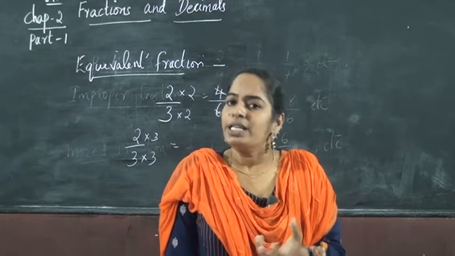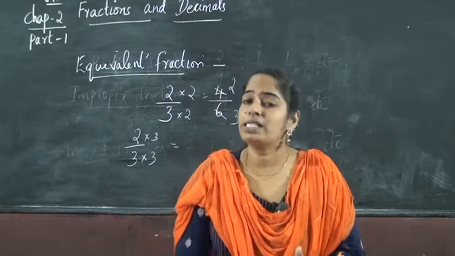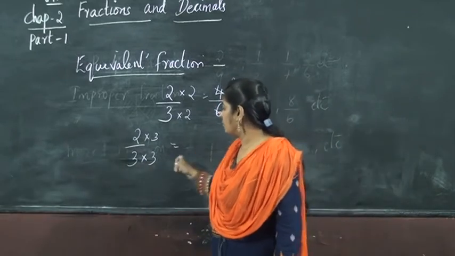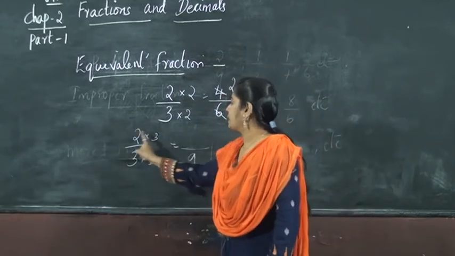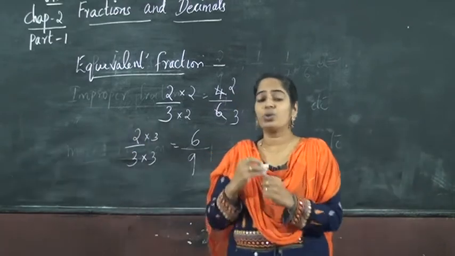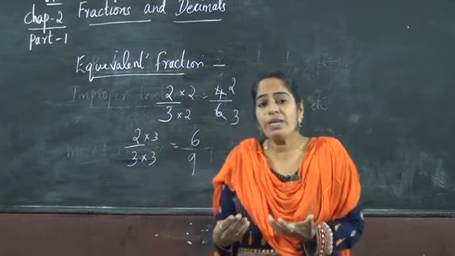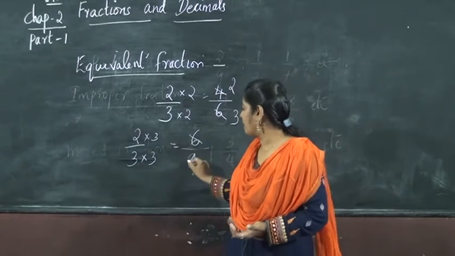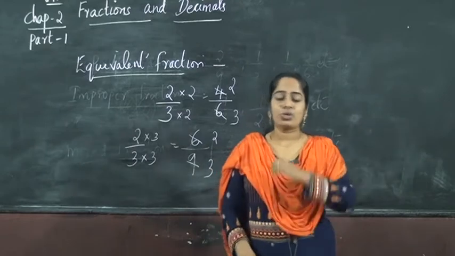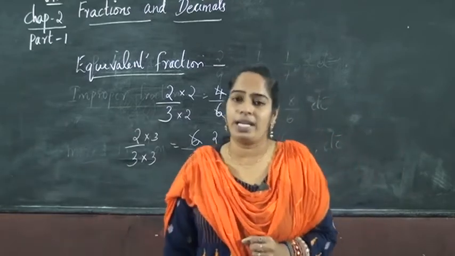That is equivalent fraction. Otherwise it will not become an equivalent fraction. So 3 into 3 is 9 and 3 into 2 is 6, isn't it? We all studied how to cancel. When we cancel 6/9, we get 2/3 again. That is known as equivalent fraction.